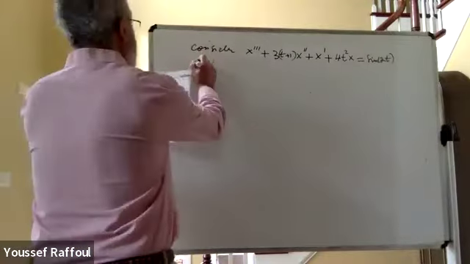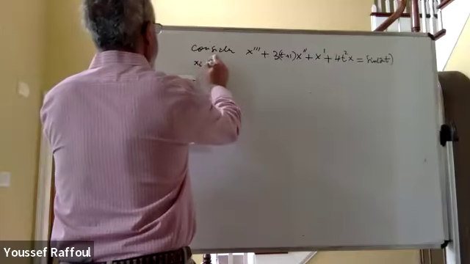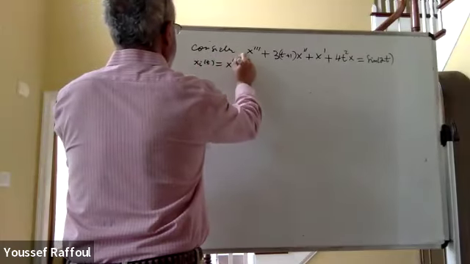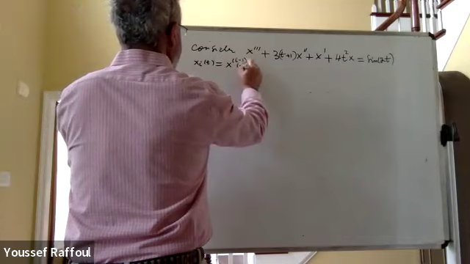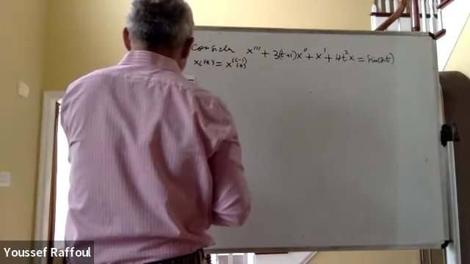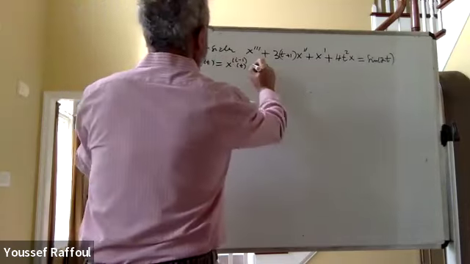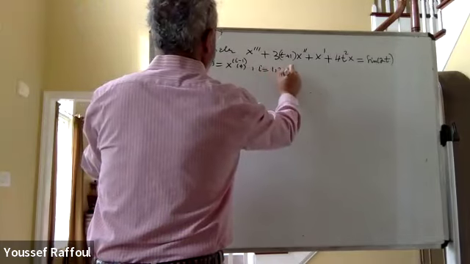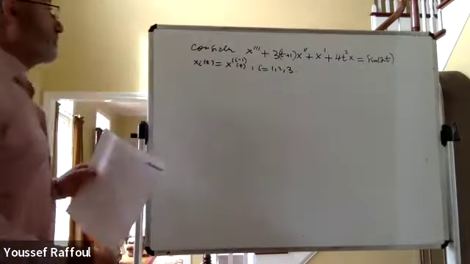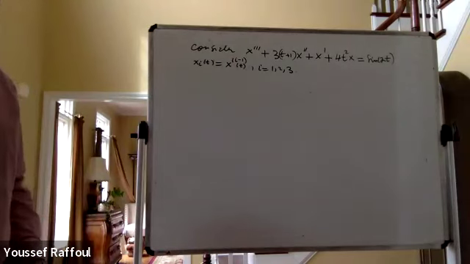So the idea is to take xi of t equal to x to the i minus 1 of t, for i equal 1, 2, and 3.